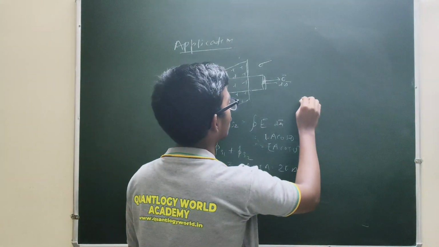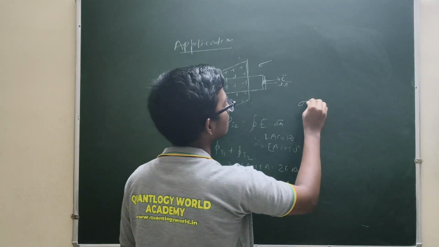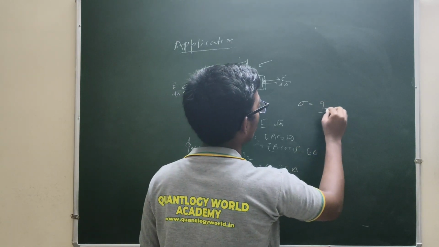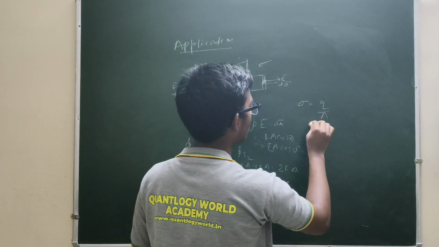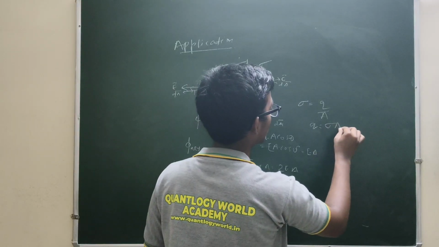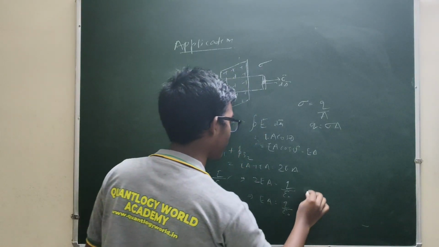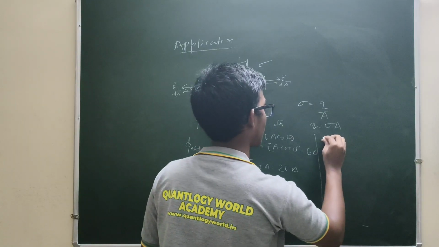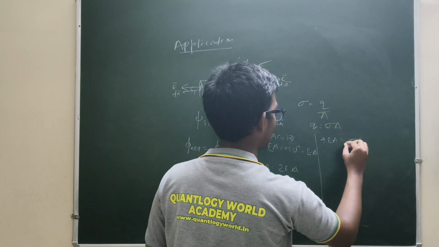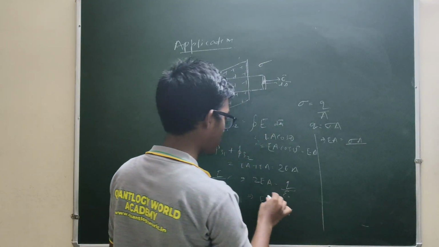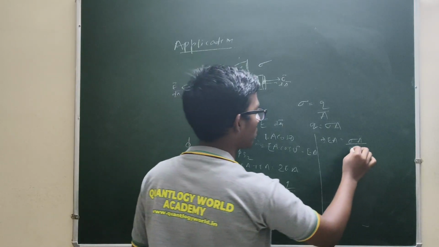Here we know that surface charge density sigma is equal to Q upon A. So Q is equal to sigma A. Now 2EA is equal to sigma A upon epsilon naught.